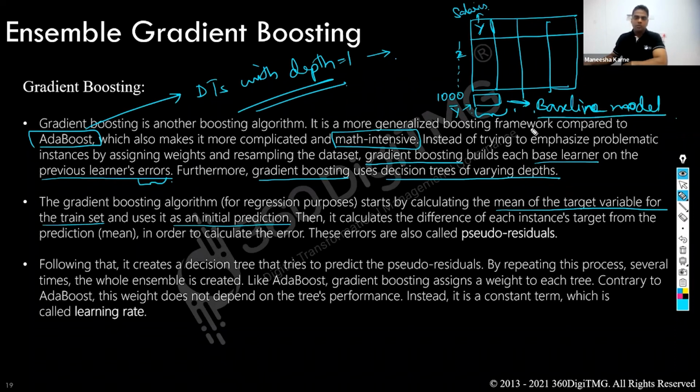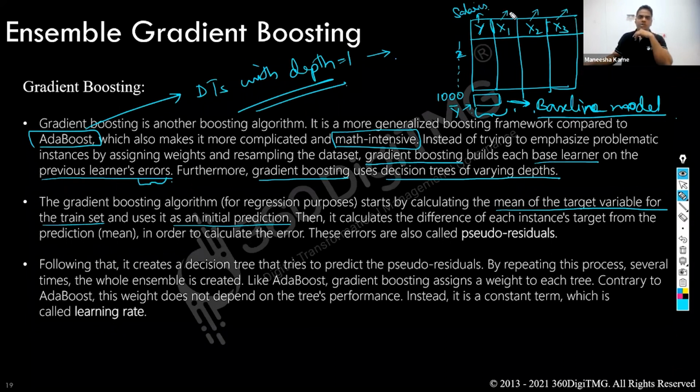What do you mean by a baseline model? If I don't want to build any prediction model, and if you give me a new set of inputs, and someone asks me what the output will be for those inputs, say I have a person's educational qualification, the number of projects he has worked on in data science, and the number of certifications he has.